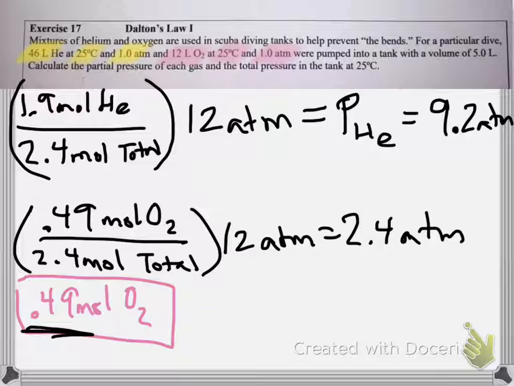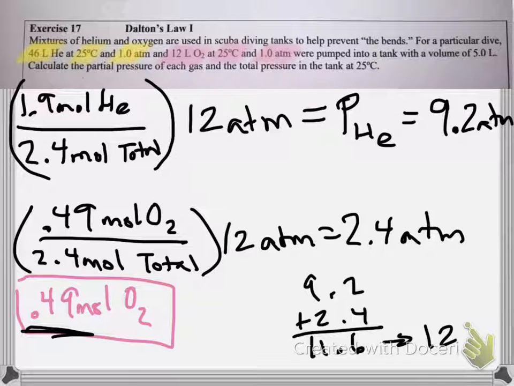I want you to notice 9.2 plus 2.4 equals 11.6, and when we round that to 2 sig figs, we get 12, which is the same thing as our total pressure. So that's a way to check.